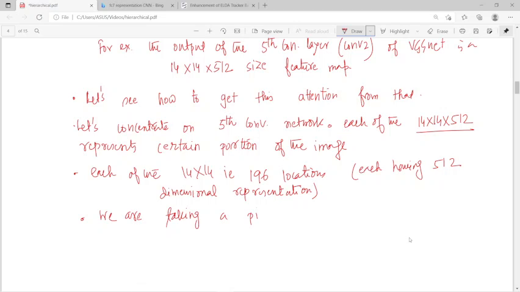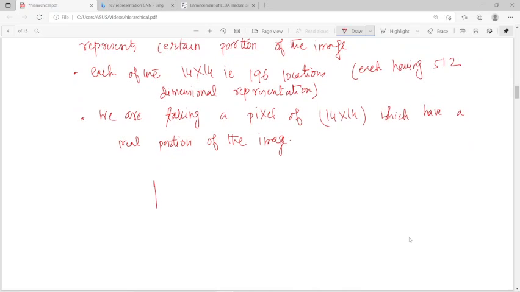We are taking a pixel of 14 cross 14 which is a real portion of the image. So if we say this is the 196 locations, from 1 to 196, each has a dimension of 512. That is the case.